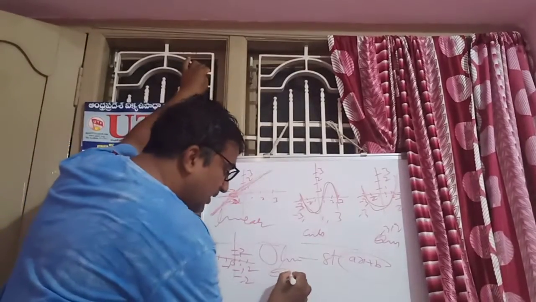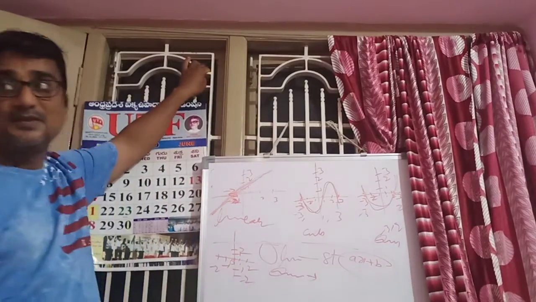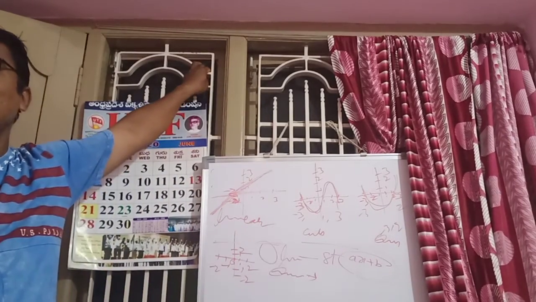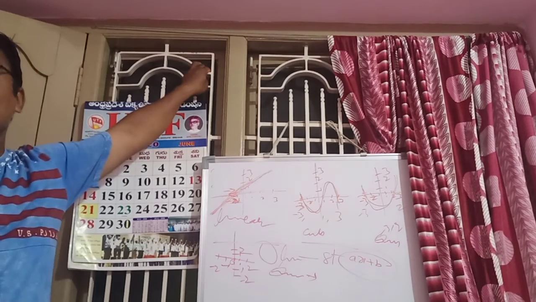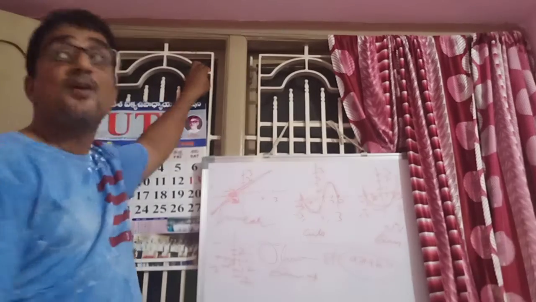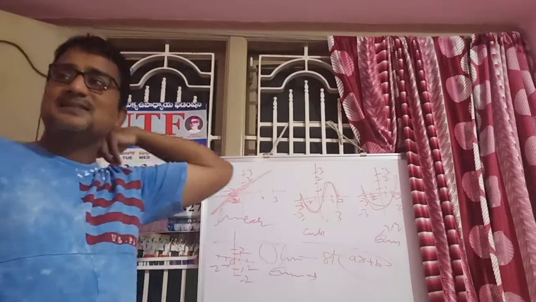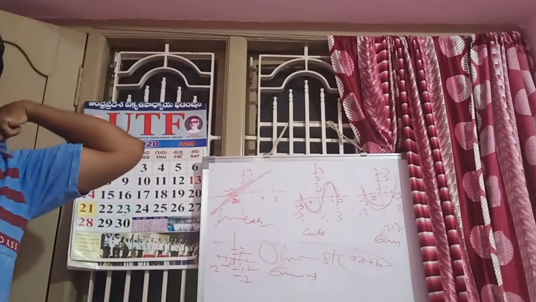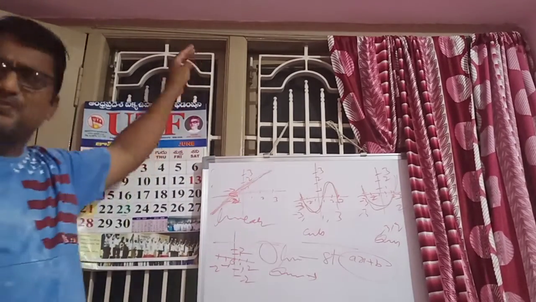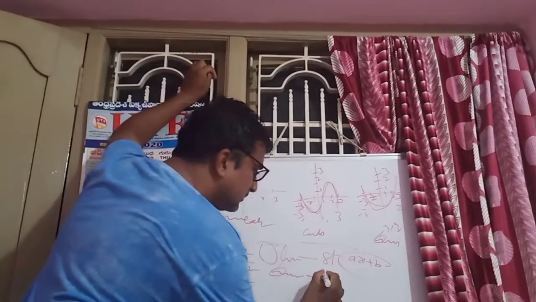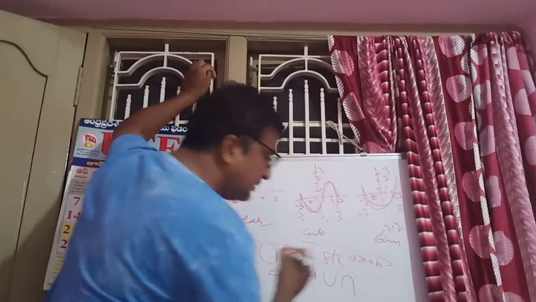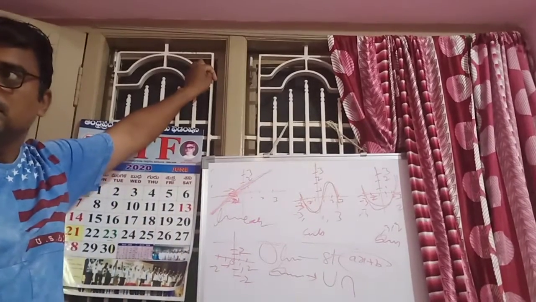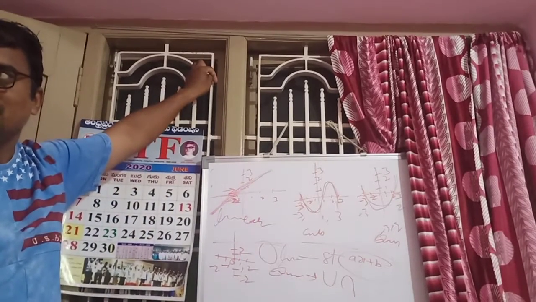Next one is the quadratic polynomial. According to the graph, the quadratic polynomial represents a parabola. It is a new word. What is the meaning of parabola? Just a hemisphere, this one.